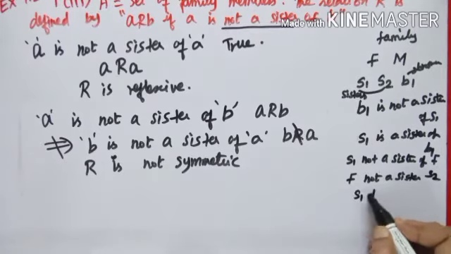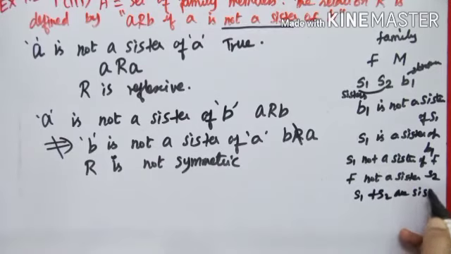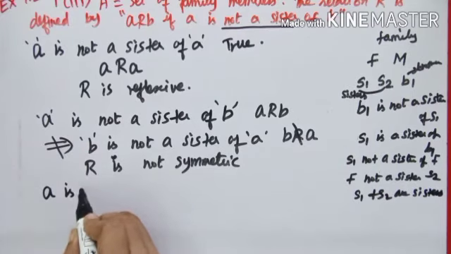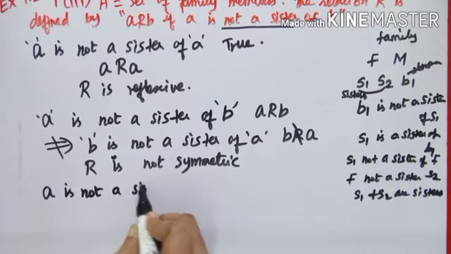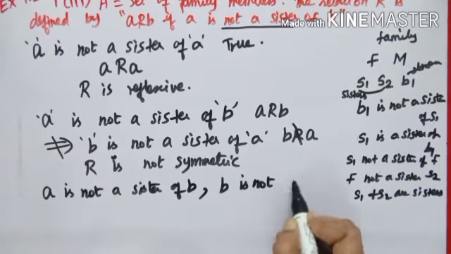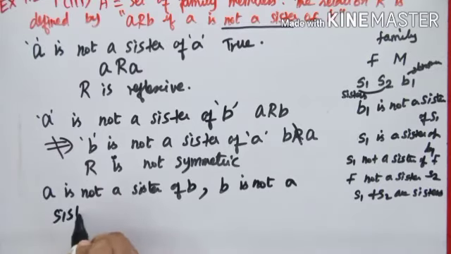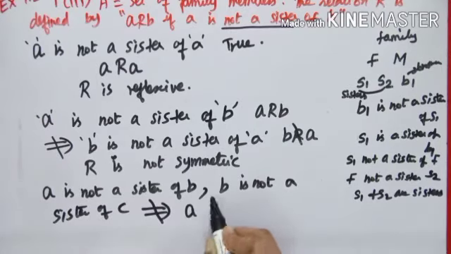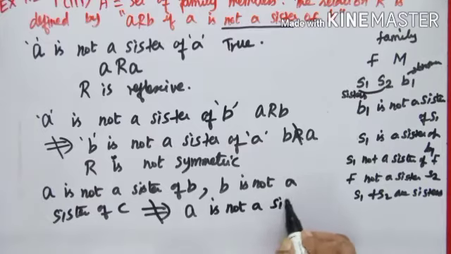But S1 and S2 are sisters. So I say A is not a sister of B, B is not a sister of C, does not imply A is not a sister of C.